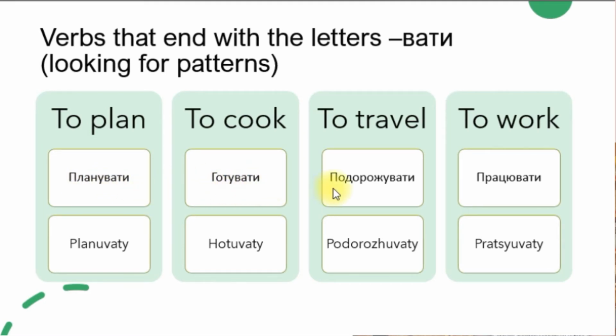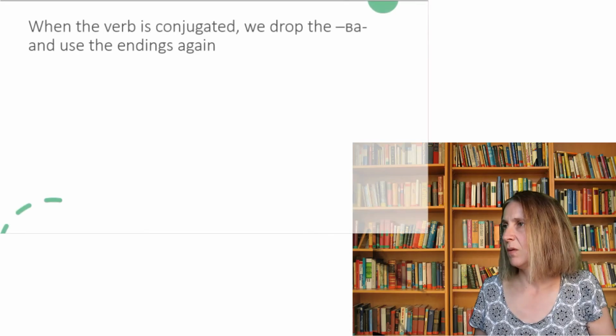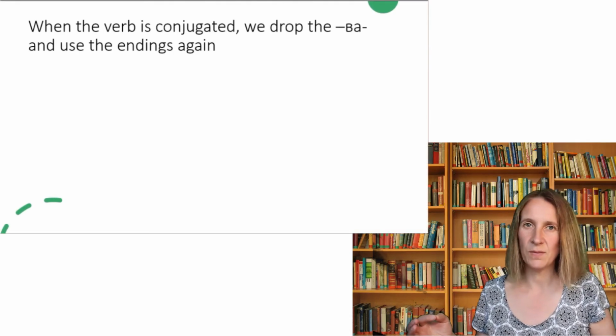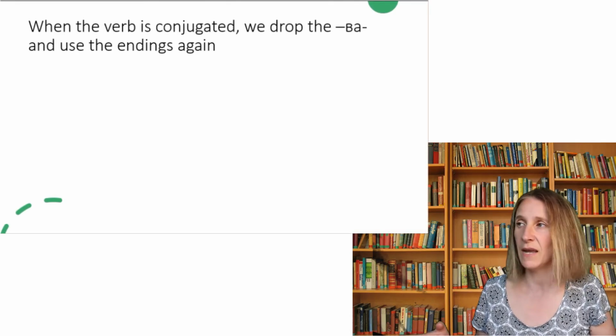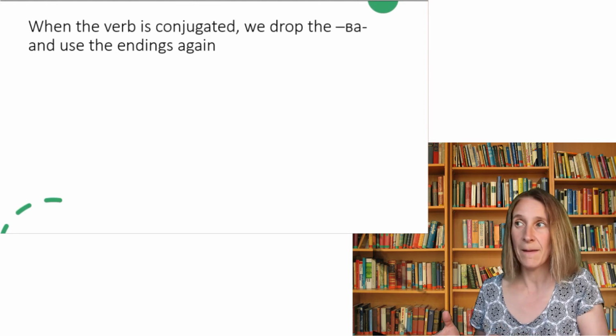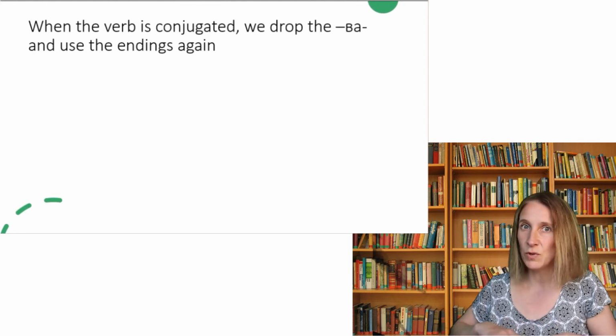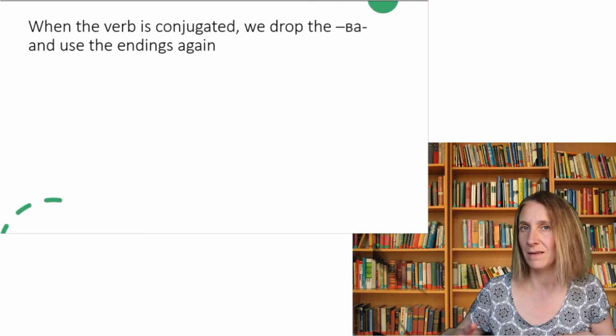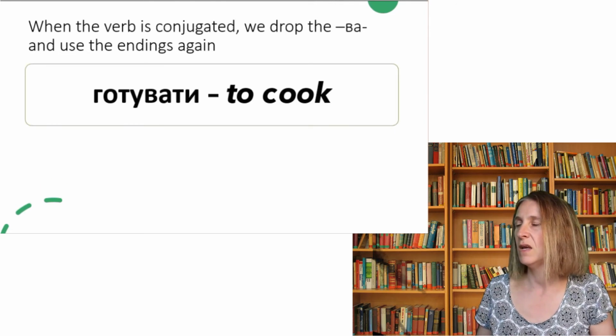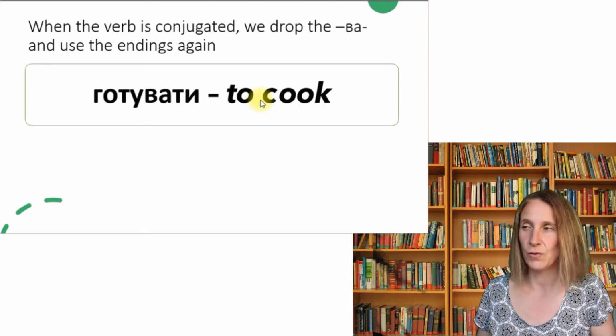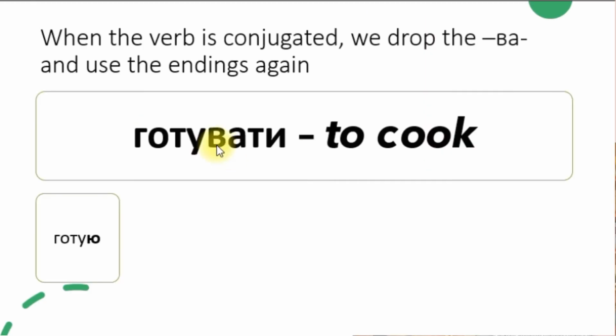Планувати, готувати, подорожувати, працювати. Now what happens with these ones, when the verb is conjugated, we drop the ва and use the endings again. So we're dropping the whole вати and then using the endings, okay? So готувати, to cook, for example.